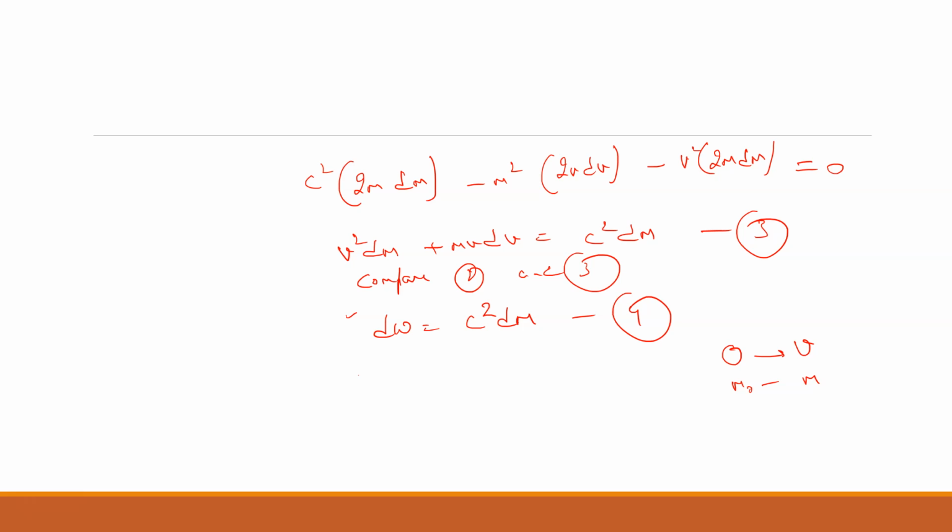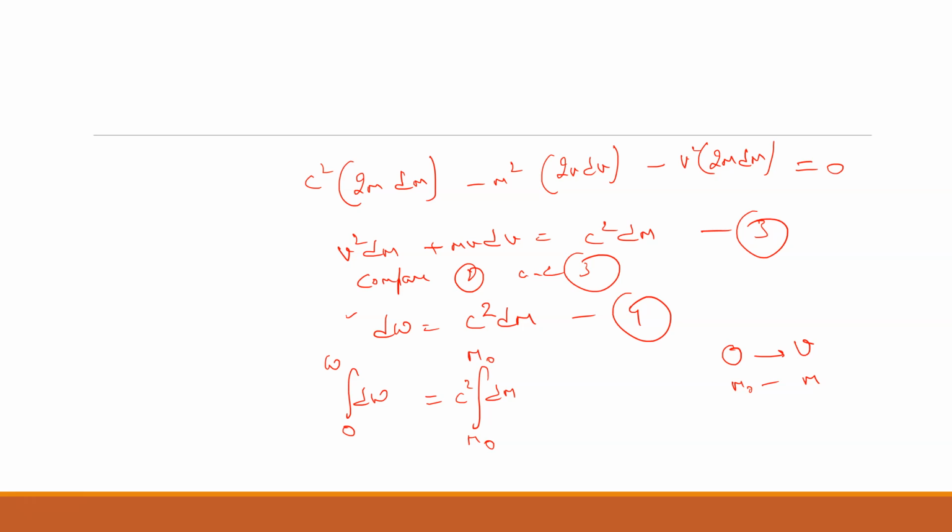Initially the work done is 0. When the work done is 0, the mass is rest mass. When the work done is w, the mass will be variable mass.